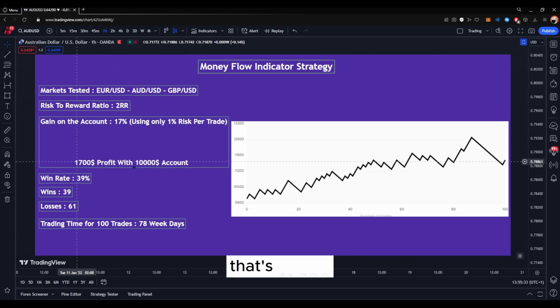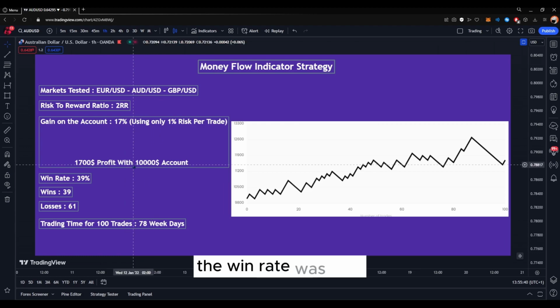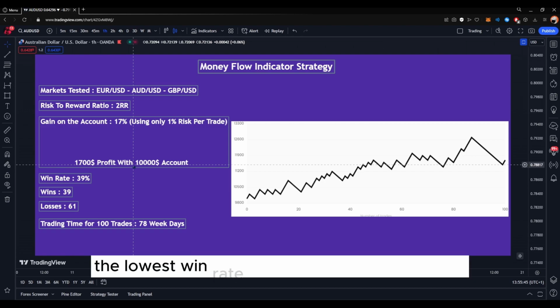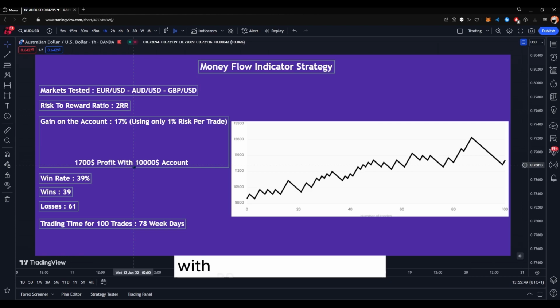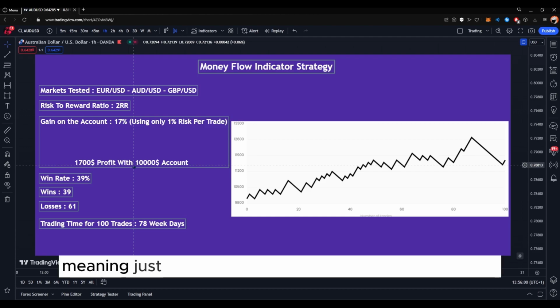That's $1,700 with a $10,000 account. The win rate was 39%, the lowest win rate I have tested in this channel, with 39 wins and 61 losses, and the 100 trades took 78 weekdays, not counting the weekends.